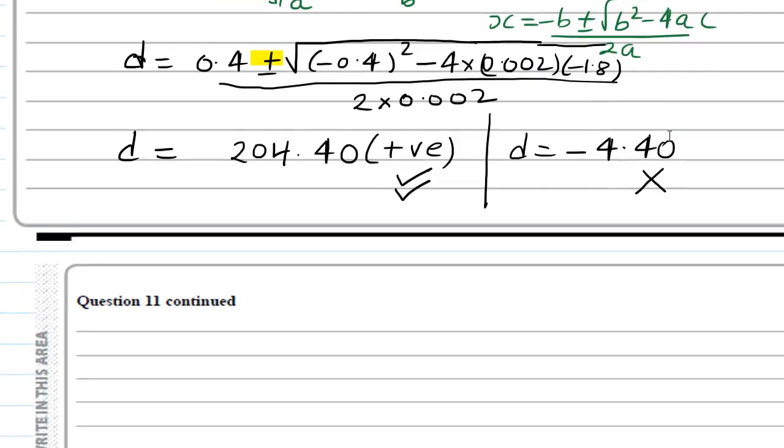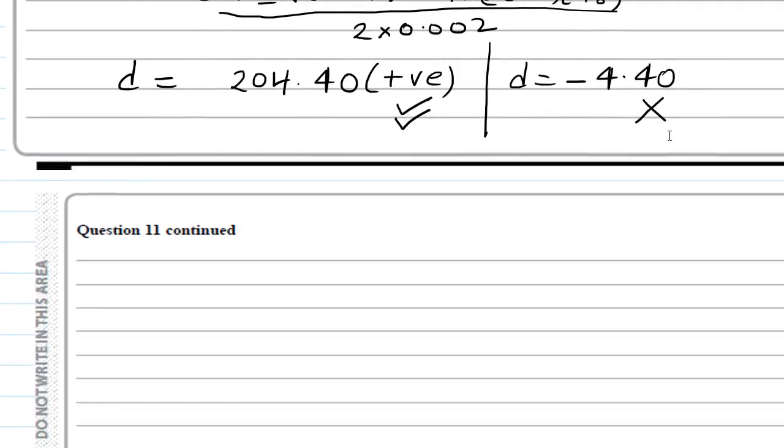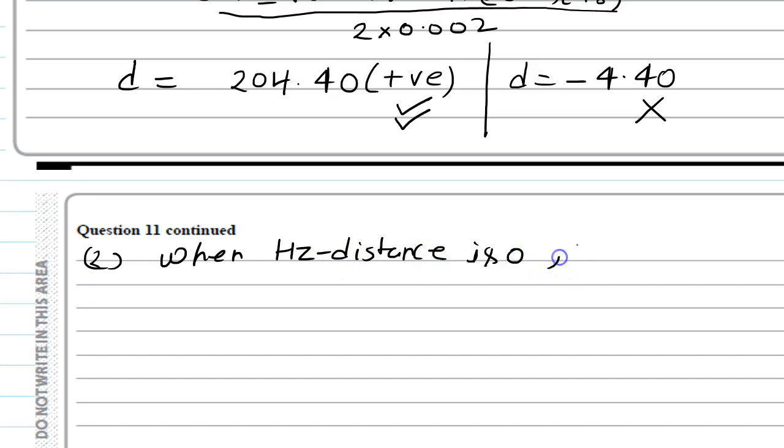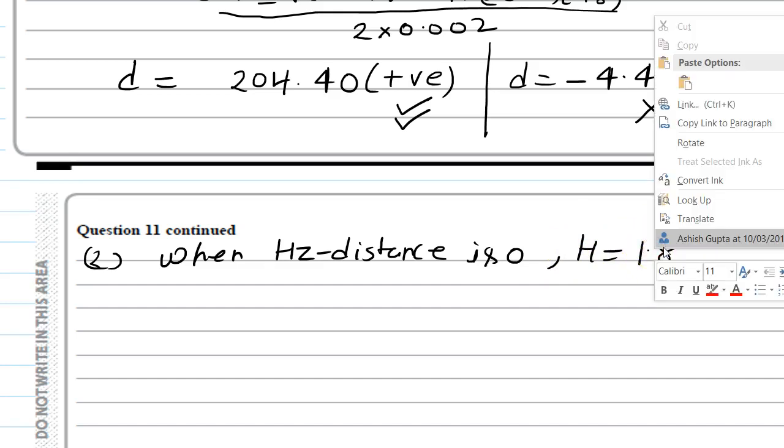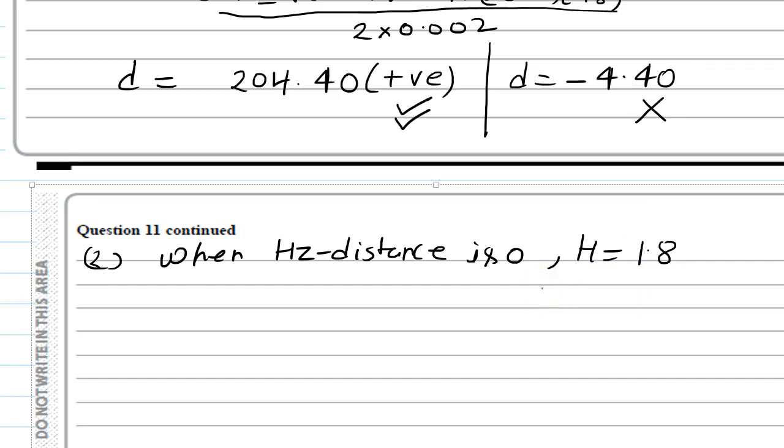So we can write this statement: when horizontal distance is 0, then height will be 1.8. This is what we are interpreting from this equation.